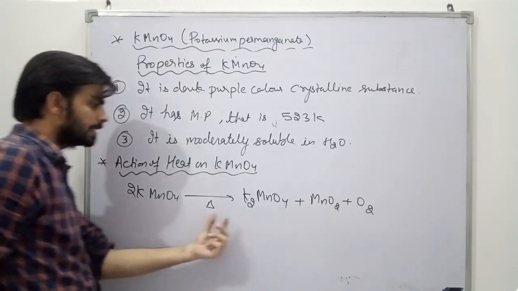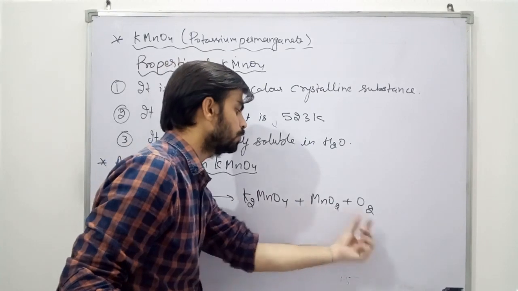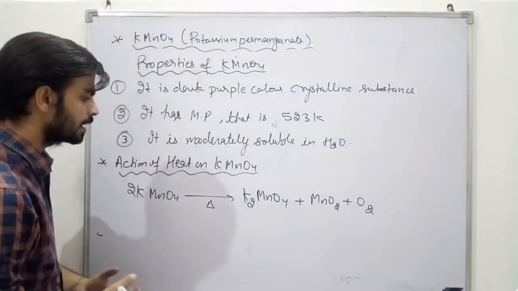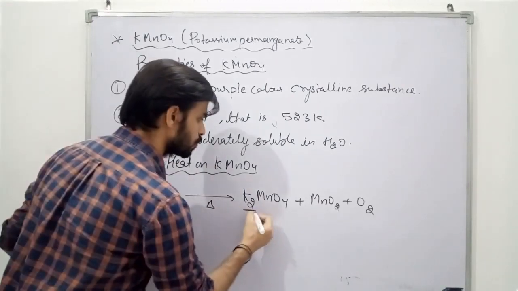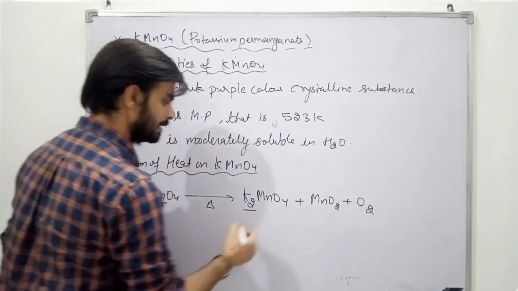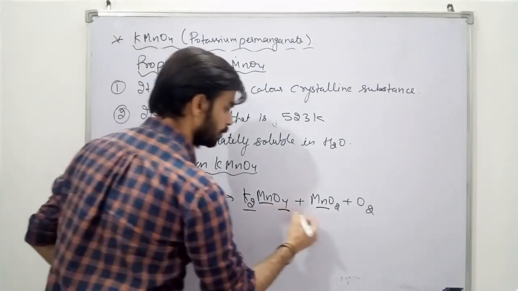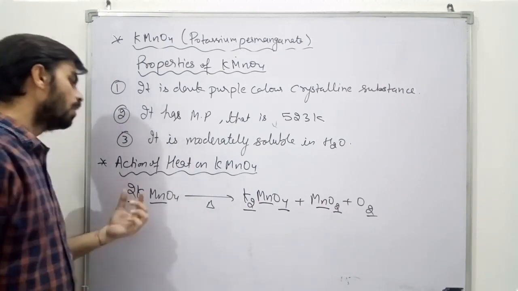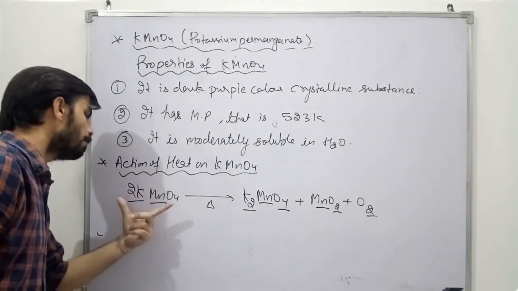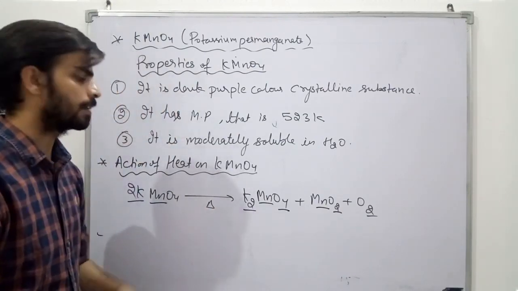KMnO4 is heated, then converted into K2MnO4 plus MnO2 plus O2. Now let's check whether it is balanced or not. Twice K, twice K, twice manganese, 1 plus 1, 2 manganese, 4 times 2 is 8, 4 times 2 is 8, 6 plus 2, 8. So it is a balanced equation. So when we heat potassium permanganate, it converts into potassium manganate.